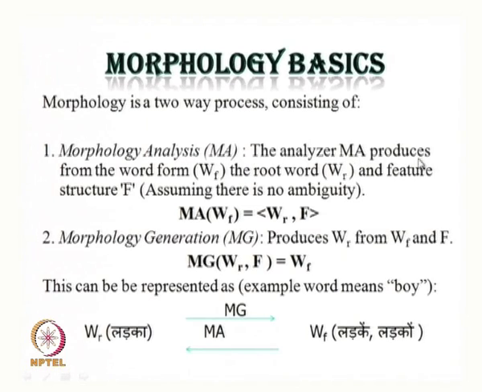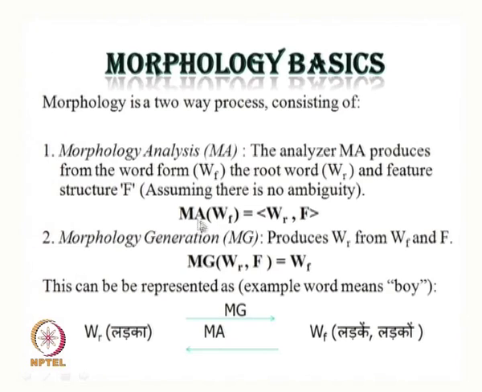The analyzer MA produces from the word form WF the root word WR and feature structure F, assuming there is no ambiguity. So, as if the morphology analysis produces a unique analysis for the word, we assume there is no ambiguity at this stage. There are ambiguities which we will talk about later.